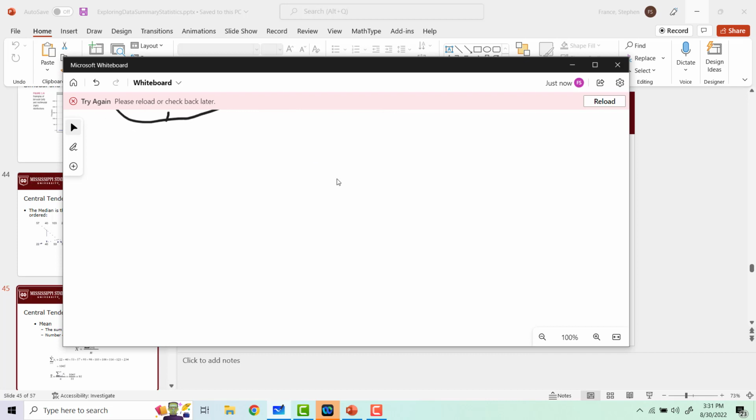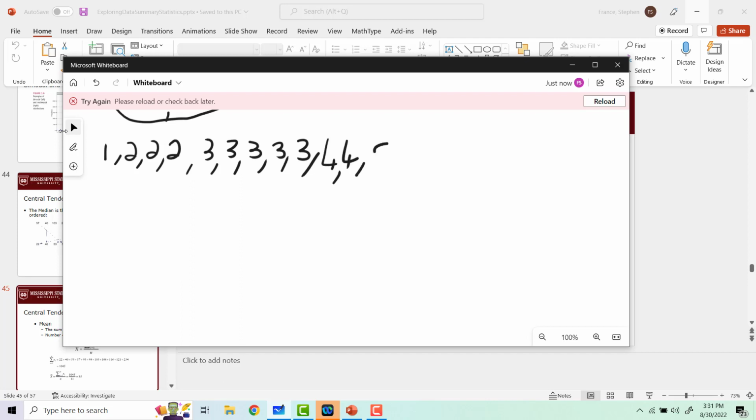So let's just have that example we did last class. So we have all these ratings. We have 1, 2, 2, 2. Now remember we had a load of 3s. 3 was the median and the mode. Then we had 2 4s and 2 5s. So x bar is just the sum of these. So it's just going to be sigma xi.